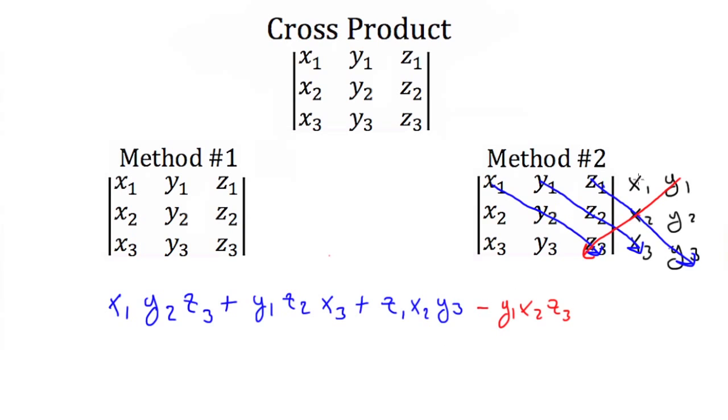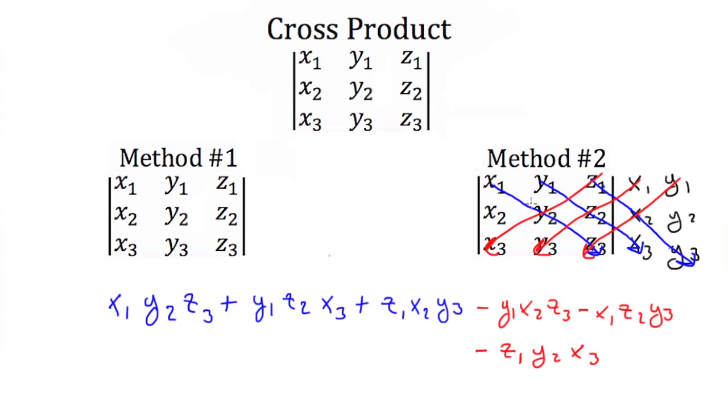And then we're going to subtract the product of the next diagonal, which would be x1, z2, y3. And then one more. We're going to subtract z1, y2, and x3.